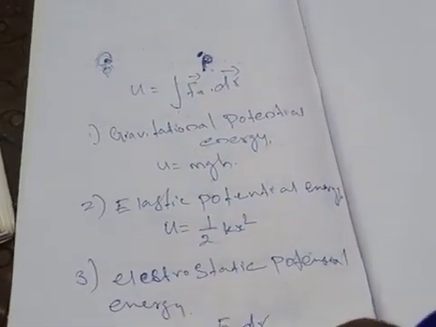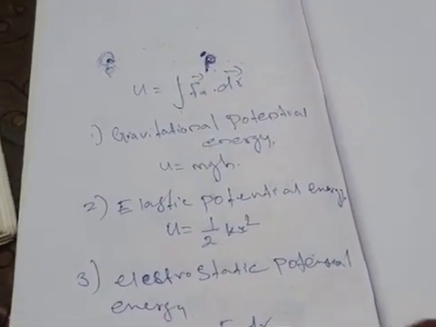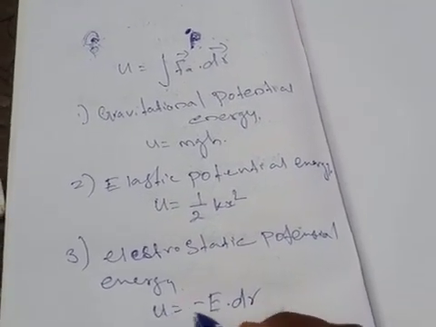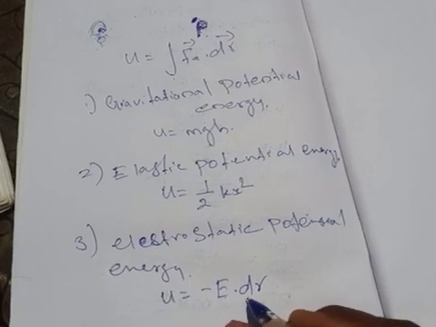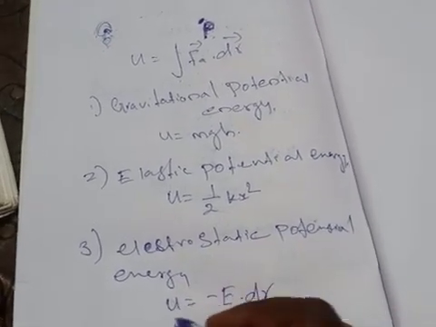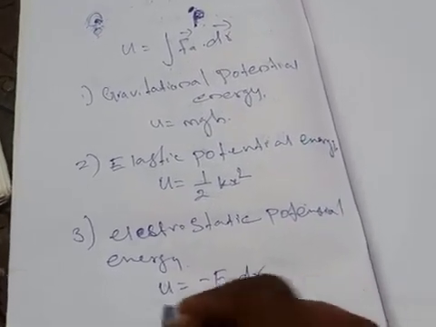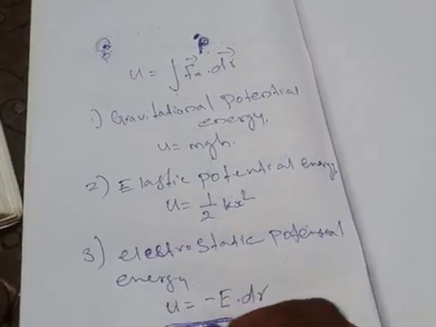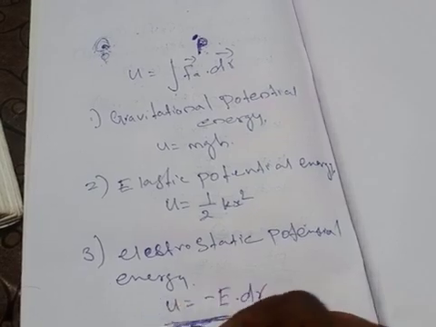Between these two charges there is electrostatic potential energy, and the equation we use is U is equal to minus E dot dr. We will study more about electrostatic potential energy in 12th grade, in the first unit.